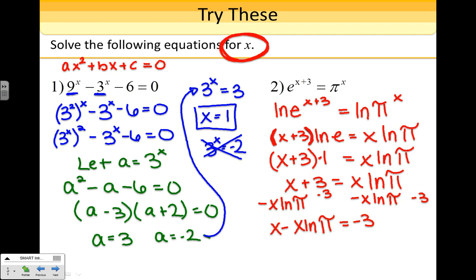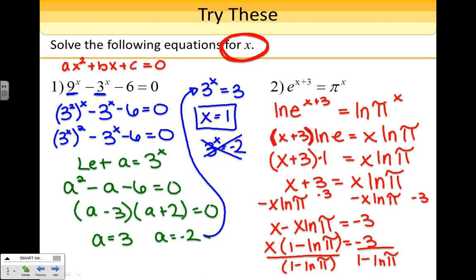So on the left side, I put everything that has an x on that side for a reason. Everything on that side has an x. So I can factor out an x from both terms so that I can divide to get my x by itself.